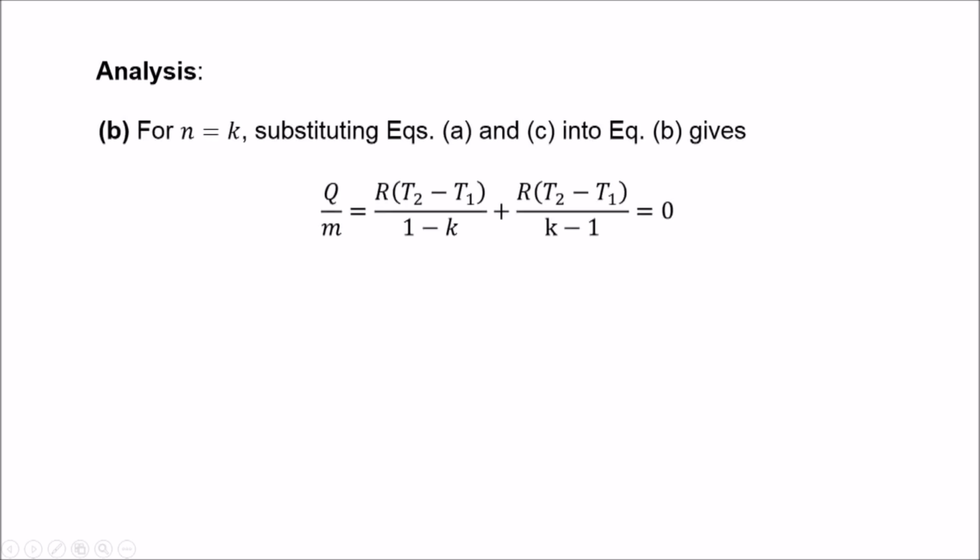For part B, when n is equal to K, we substitute equations A and C into equation B to give us Q over m equals R times T2 minus T1 divided by 1 minus K, plus R times T2 minus T1 divided by K minus 1, which is identically equal to 0.